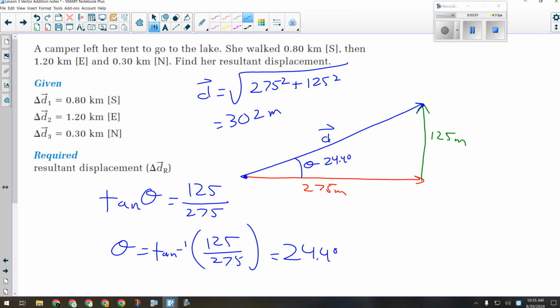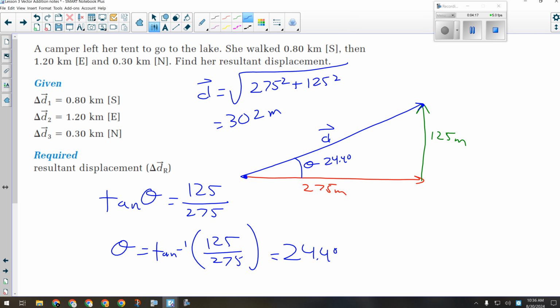But what do I need to put on that? That angle is fine, but the question told me east and north, so I need to say it's 24.4 degrees measured from here going this way. I can't just leave it as 24.4. There could be lots of 24.4 degree angles.